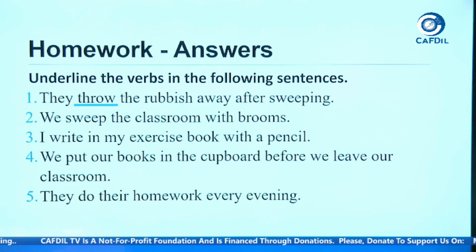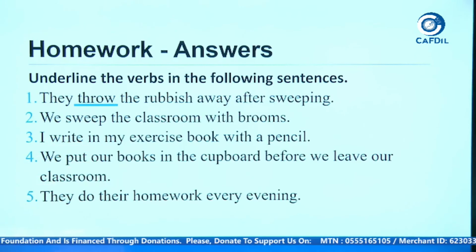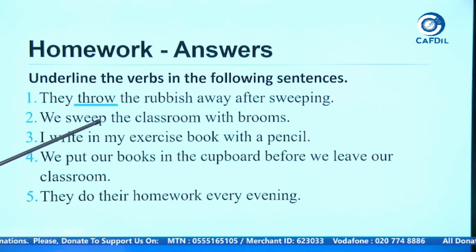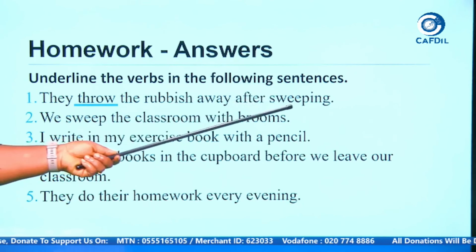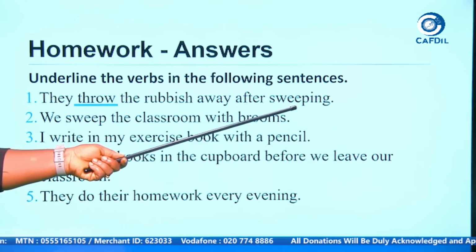Number 1: They throw the rubbish away after sweeping. So you are expected to underline throw. And what again? Exactly, sweeping. Because that's what you do.